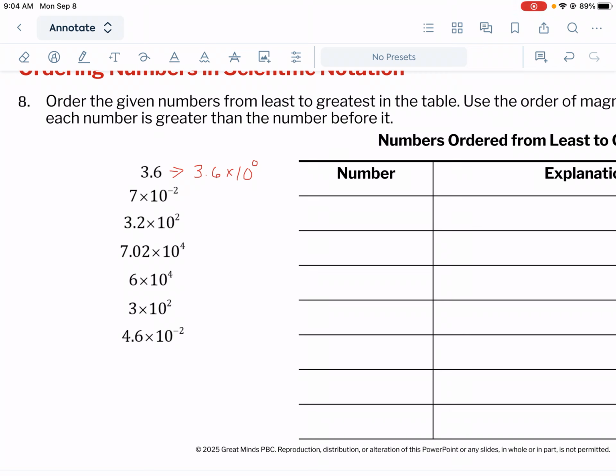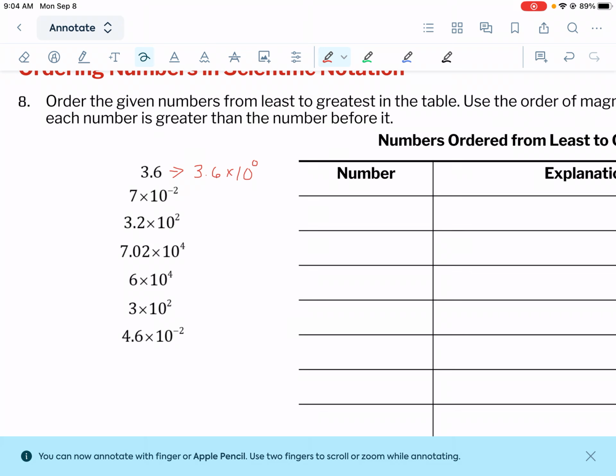First things first, take all of your negative exponent values and highlight those in whatever way you choose. I'm just going to put a little tick mark by them, so I know that's what I'm working with first. In this case, you don't need to worry about the numbers at the front, your A values, yet. Focus on your exponents. All of your negative exponents will go first when you're ordering from least to greatest, and then we'll worry about our positive exponents.